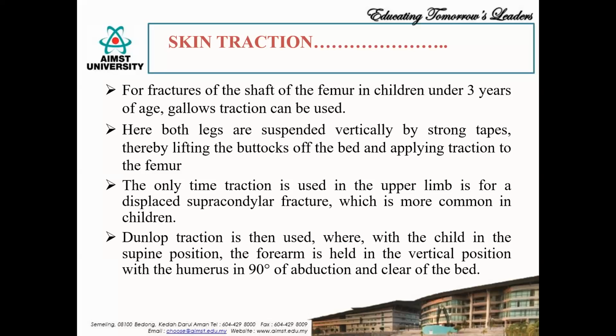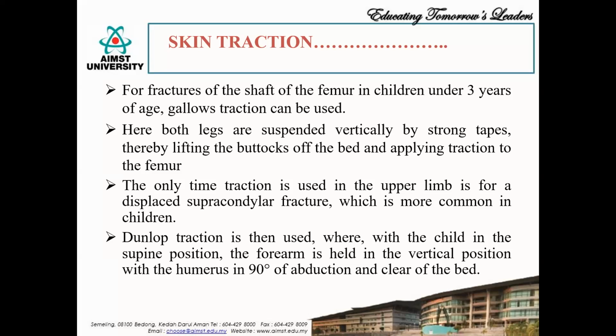If you see the picture, then you get the idea. Both legs are lifted, and you can roll or bind up some materials like gauze. The main thing is lifting the buttocks off the bed, and then you are applying traction to the femur.